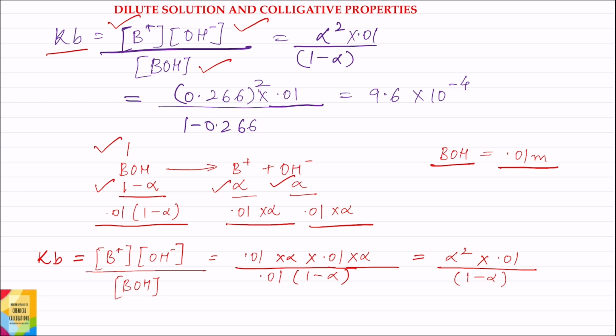So putting the values, we get 0.01 into alpha into 0.01 into alpha divided by 0.01 into 1 minus alpha. Solving, the value of Kb is equal to alpha square into 0.01 divided by 1 minus alpha. Now putting the value of alpha and solving, the value of Kb is 9.6 into 10 to the power minus 4.